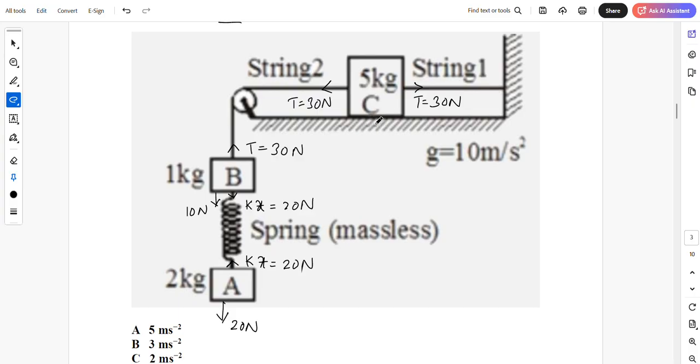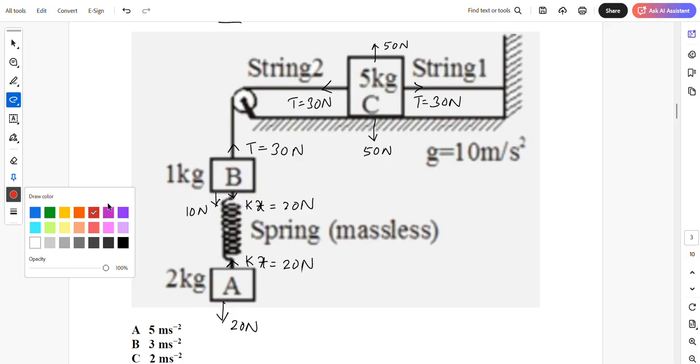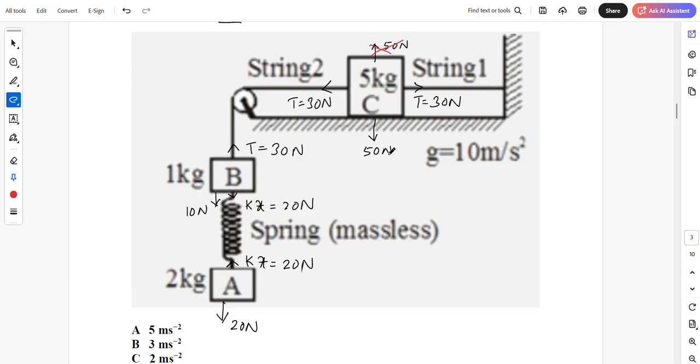Whatever mg is there, this 50 Newton, and the normal reaction is the same, 50 Newton. This gets cancelled. There is no force because of this 5 kg block, that we have to understand.